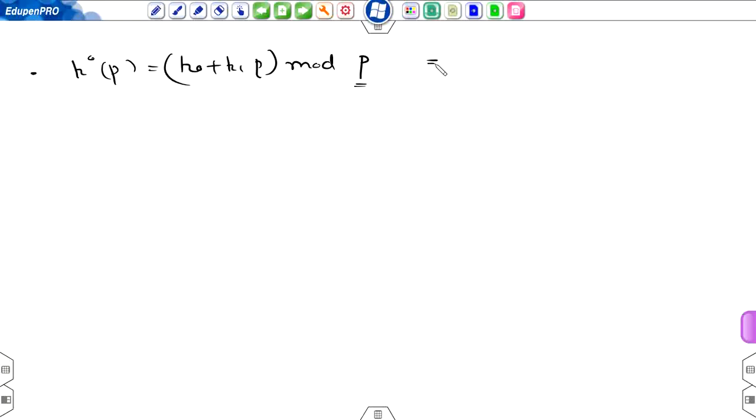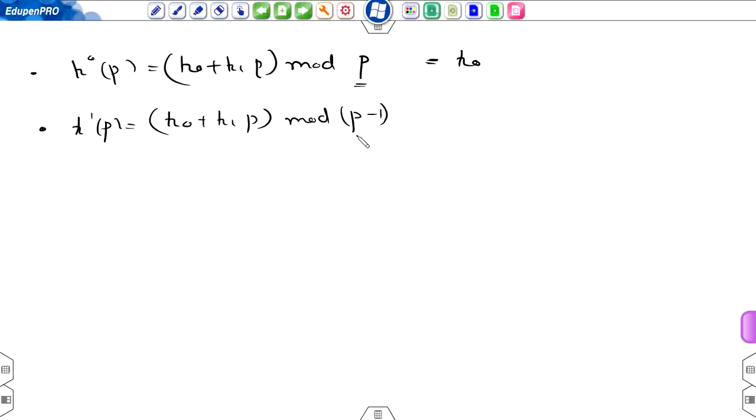Okay, so put p equal to 0 in this polynomial, so the result will be the remainder, so that is h0. For h1p, you have to take h0 plus h1p mod of m1p, so m1p is p minus 1.